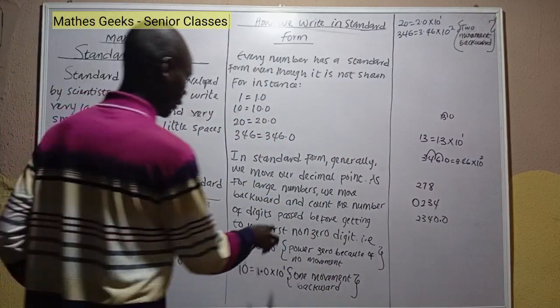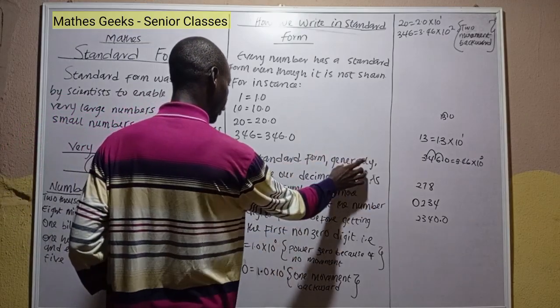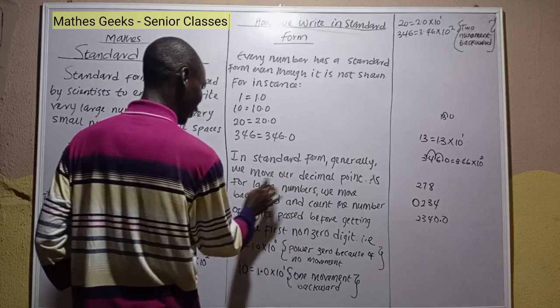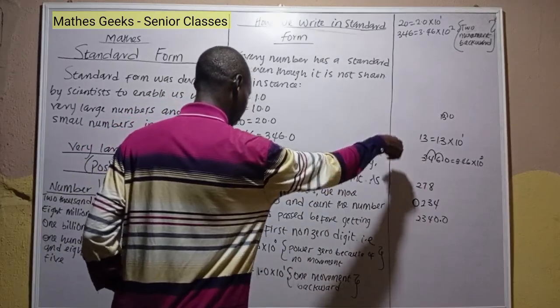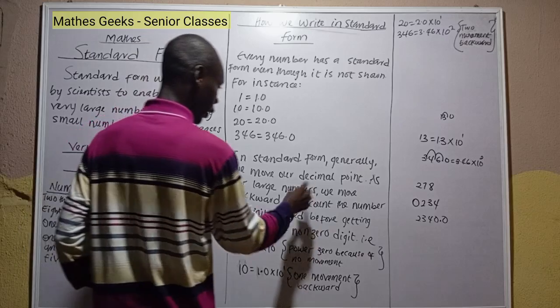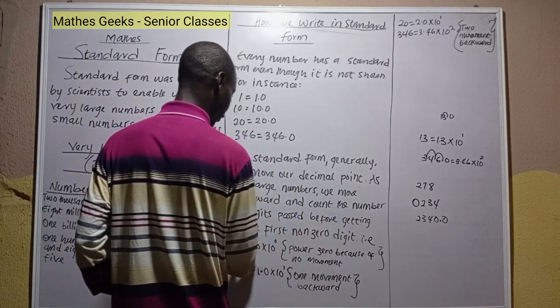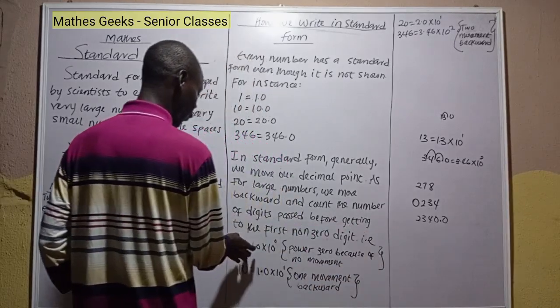So let's look at the examples here, or let me read it again. In standard form, generally, we move our decimal point, full stop. As for large numbers, we move backward. That's what we did. We moved the decimal point backward and counted the number of digits passed before getting to the first non-zero digit. That is 1.